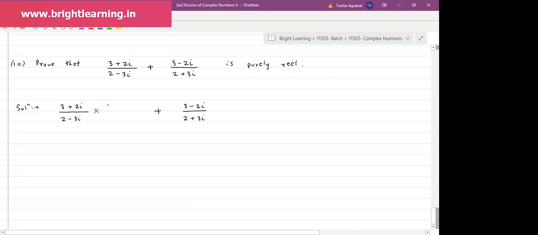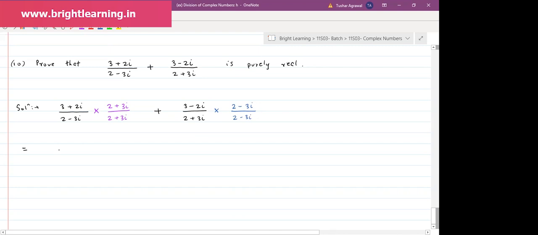So I will think of it as multiplication by 2 plus 3i upon 2 plus 3i, and here it will be multiplication by 2 minus 3i upon 2 minus 3i.